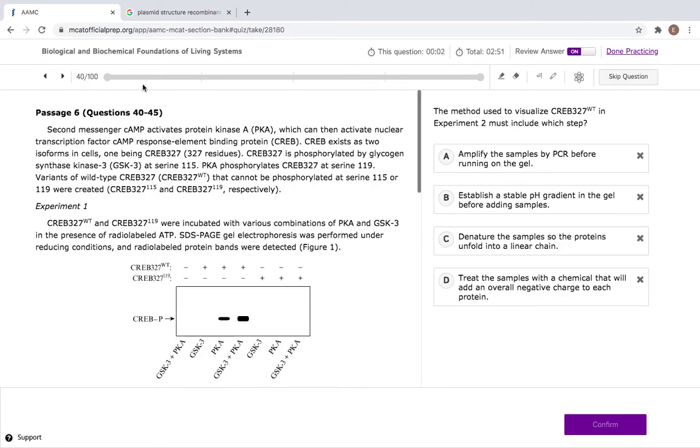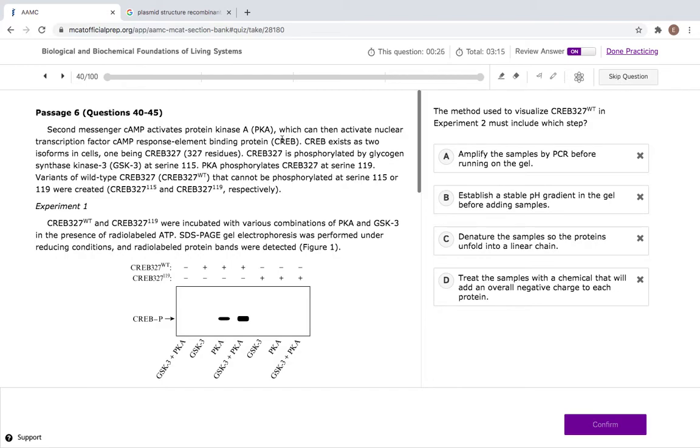So let's begin. Passage 6. Second messenger cAMP activates protein kinase A, which can then activate nuclear transcription factor cAMP response element binding protein, CREB. Just by looking at this first sentence, I already know this is a signal transduction pathway.